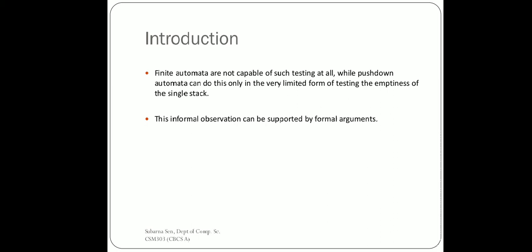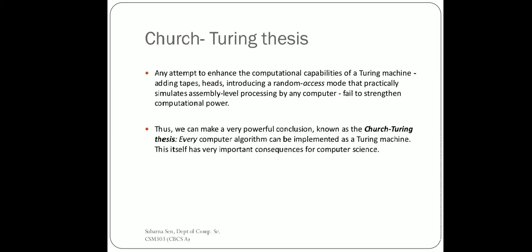Now we will see a thesis that came about 60 years ago, called the Church-Turing thesis, and it says that every computer algorithm can be implemented as a Turing machine. This itself has very important consequences for computer science, right? So the Church-Turing thesis was mainly based on this fact that every computer algorithm can be implemented as a Turing machine.